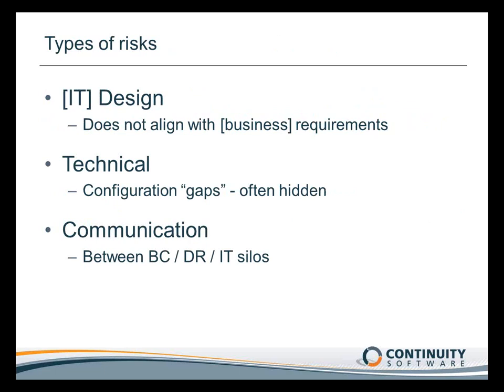So if you look at the types of risks this leaves us exposed to, it's possible to divide them into three somewhat overlapping categories. The first is the risk of our actual IT design not being perfectly aligned with the business requirements.